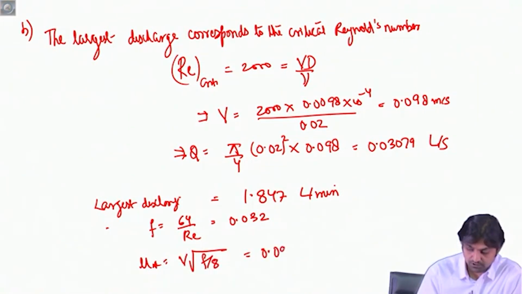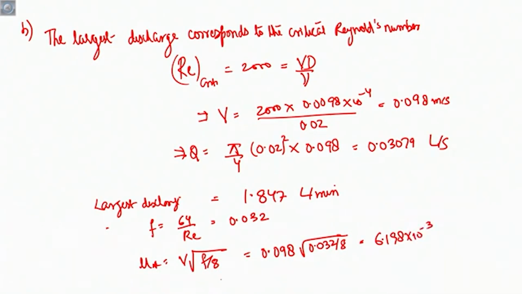V is 0.098, we have already found out. f was 0.032 divided by 8, or 6.198 into 10 to the power minus 3. Similarly, tau naught will be rho u star square, which we have calculated, and it will come out to be 0.0383 Pascal.